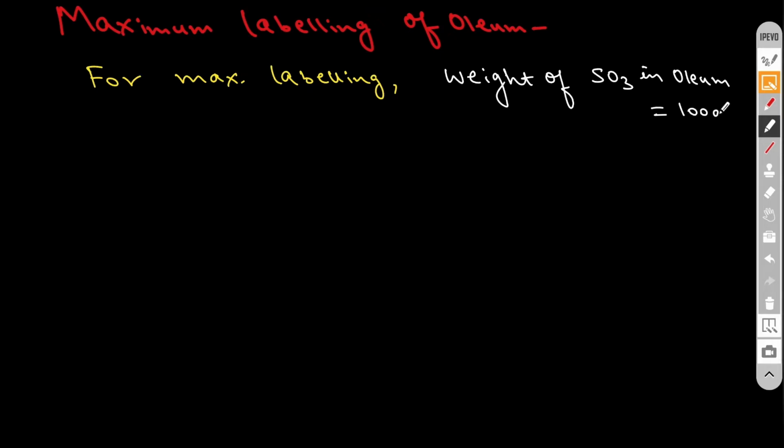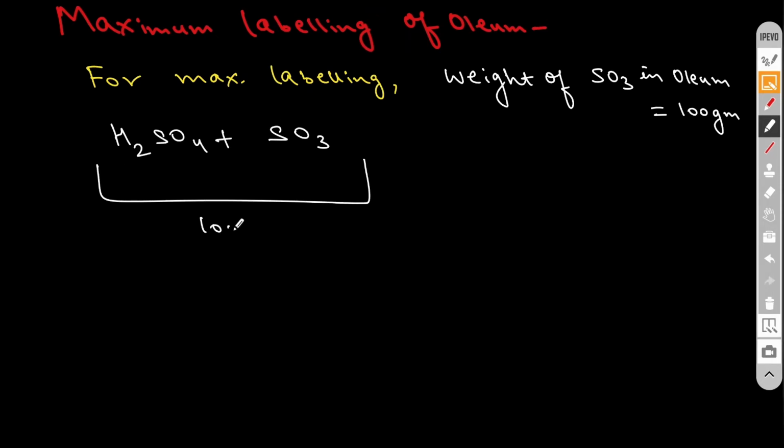In this case it's just the opposite of the earlier case. Oleum, we know, consists of H2SO4 and SO3 mixture. Here it's 100 gram. The weight of SO3 is 100 gram. So weight of H2SO4 will simply be 0 gram.